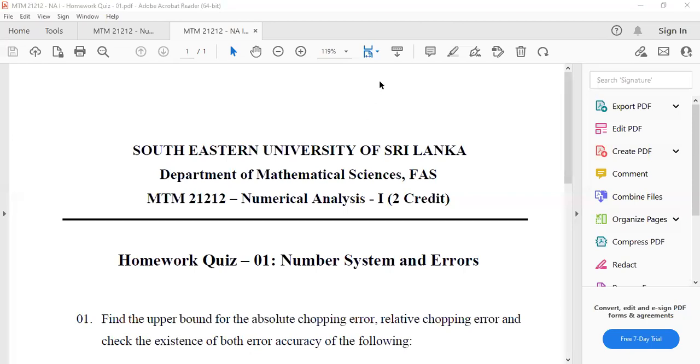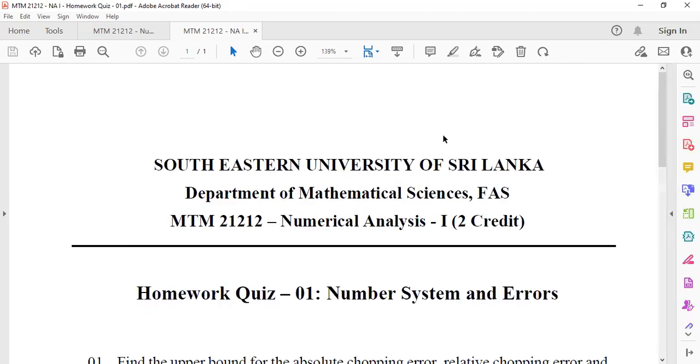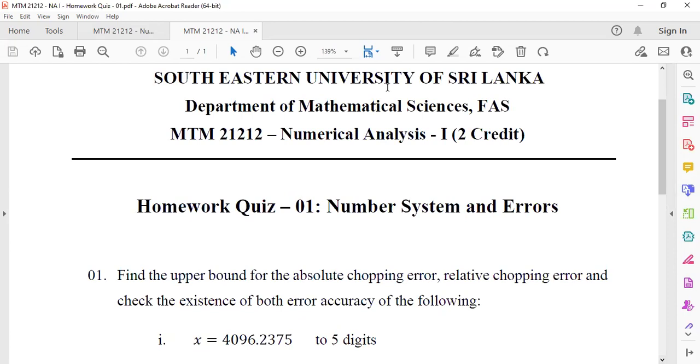Okay, wait, I'll show you the questions so you can see what I'm expecting from you. Can you see the homework quiz? Please answer me. This one, homework quiz 1. Yes, no? Okay.